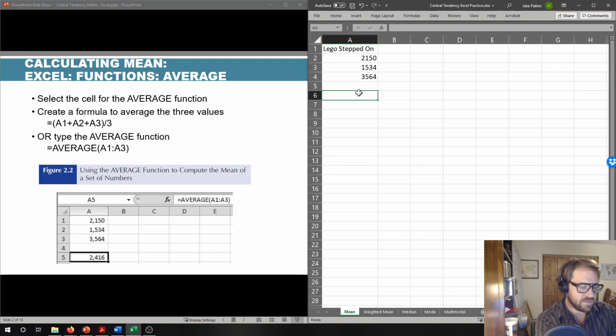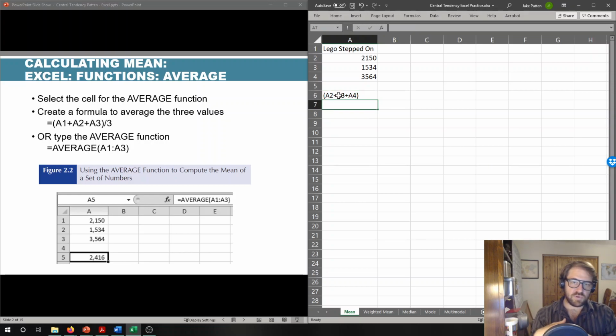So check this out. If I just wanted to say A2, so I'm in column A, and this value is in row 2, so A2. I want to add A2, A3, and A4. If I told it A2 plus A3 plus A4, oh, nothing happened.